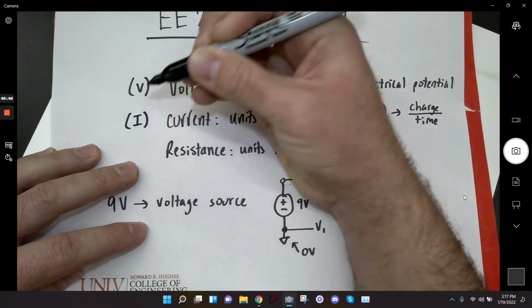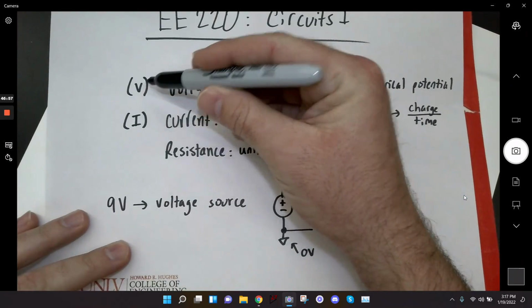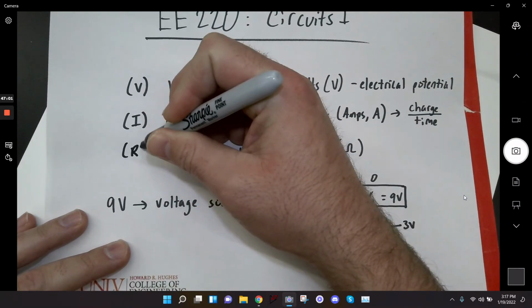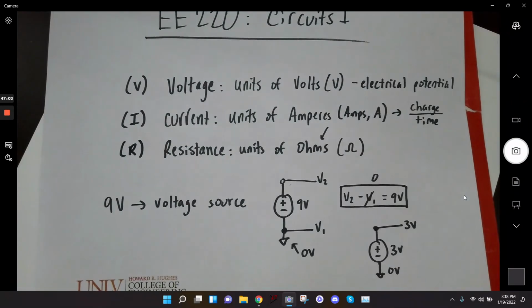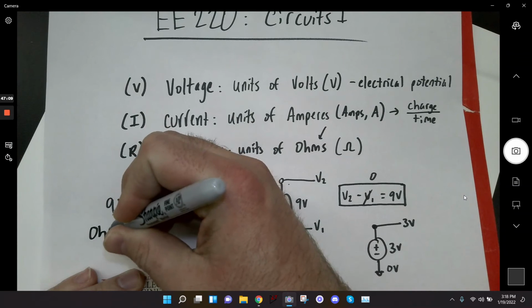I don't know. But current is denoted as I. Oh, you know why it's not C? It's because C is the speed of light. So they didn't want to confuse the two. So you have V for voltage, I for current, and then R is for resistance. And the relationship of these 3 quantities is given by Ohm's law.